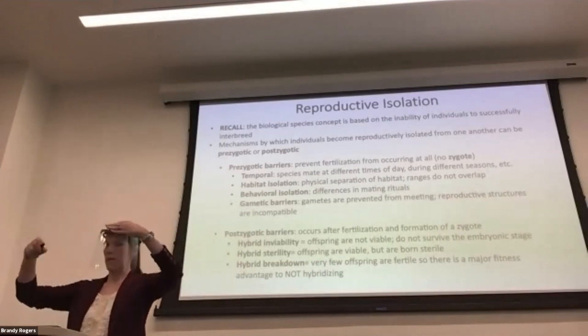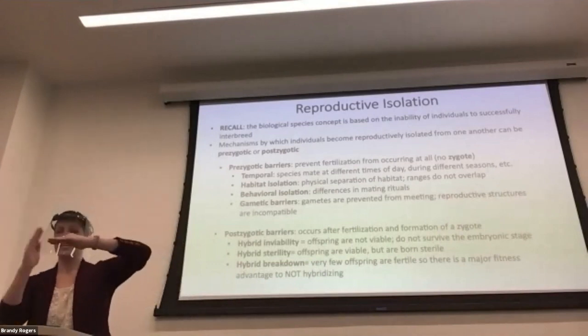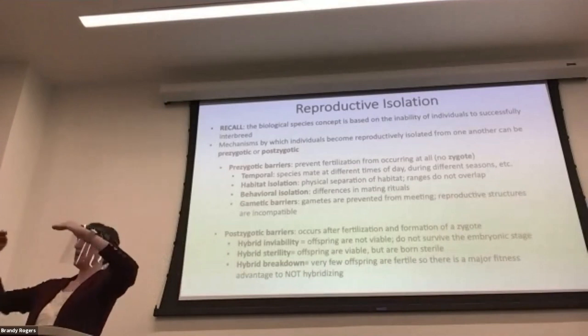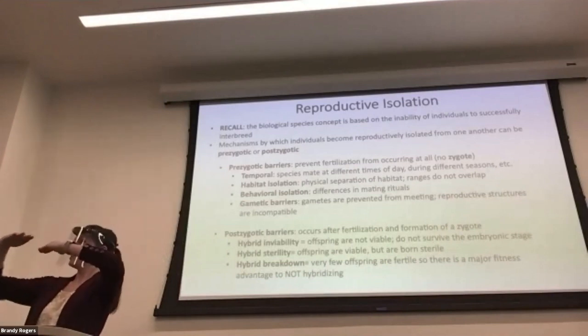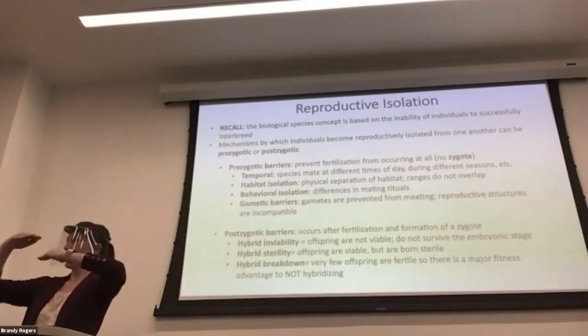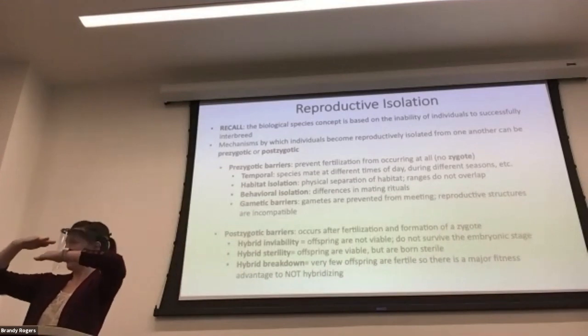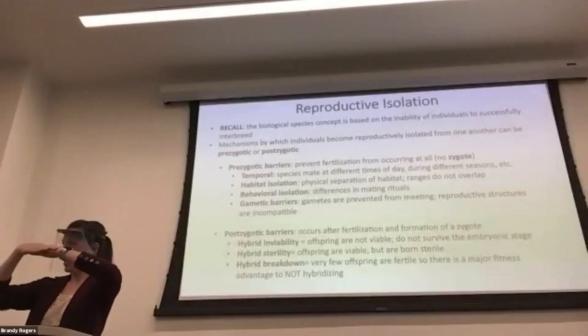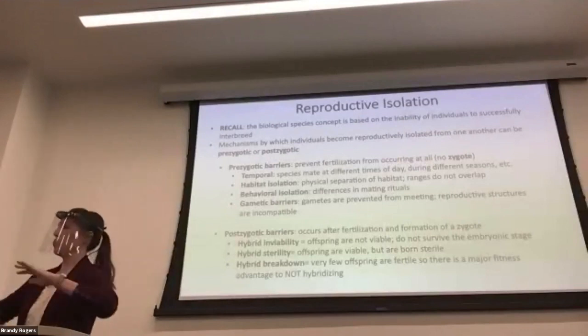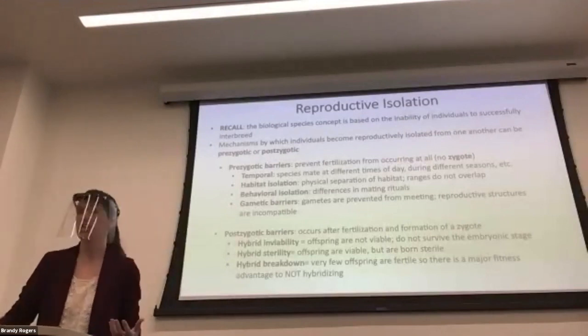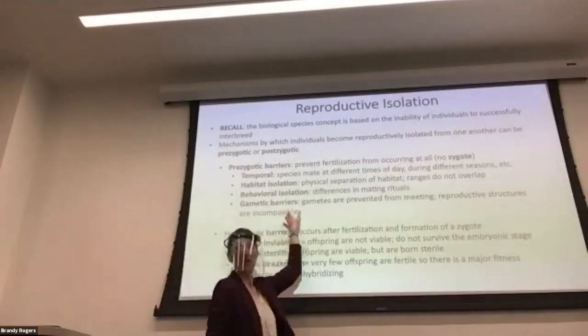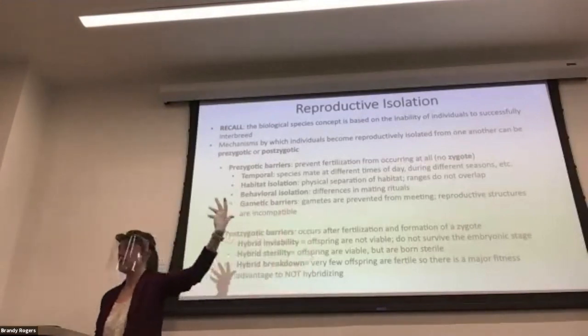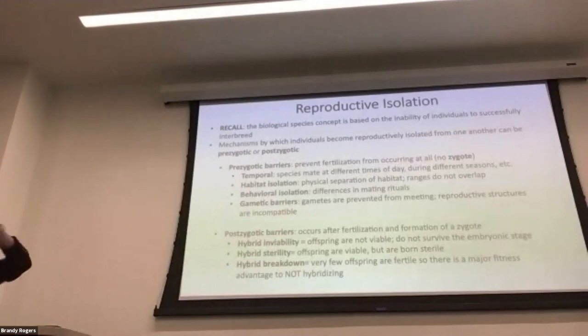So when they come up to each other, say the tips of my fingers are their heads, they come up this way, and because their shells are patterned in the same direction, they don't fit together. They have to be patterned in the opposite direction in order to line up. They can't mate even if they wanted to. So that's just physical separation. The reproductive structures are completely incompatible. That's gametic barriers. You can't even get gametes together. Make sense?